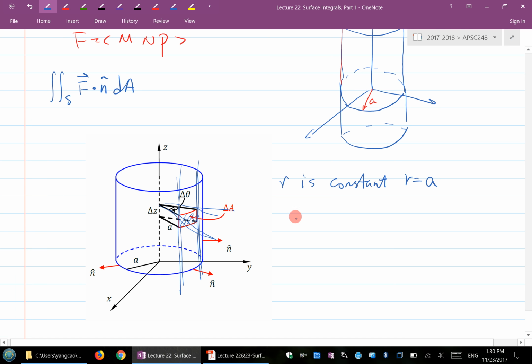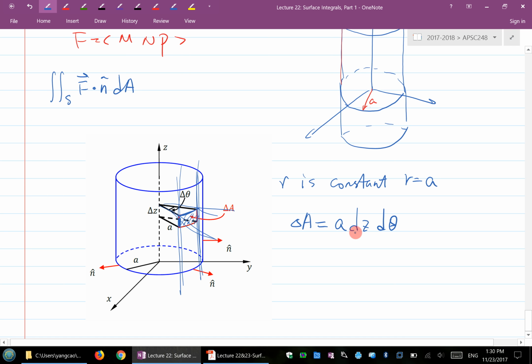And for the small delta A here, the small area, you can treat it as if it's a rectangular area. That rectangular area is equal to a times dz times d theta. So a times delta theta gives you the top portion, and then here is your delta z.